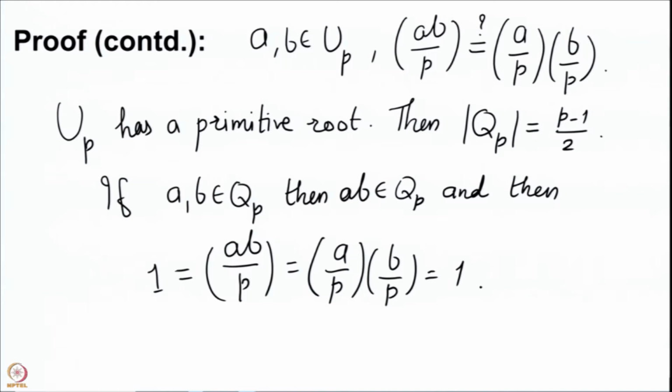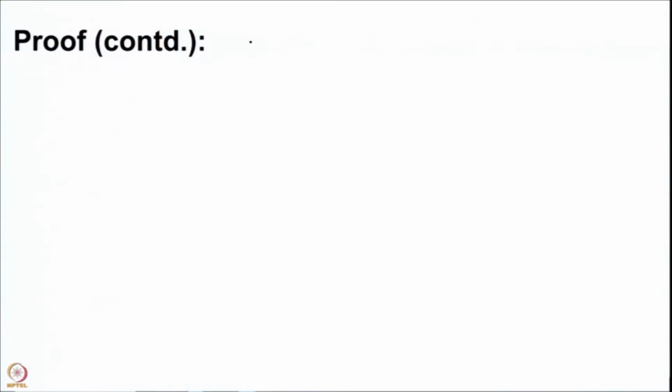Because all these Legendre symbols are 1. Now, we have to deal with the case where one of the two is in QP and the other is not in QP, and then finally we will have to deal with the case where none of those two is in QP. So, those are the only two conditions that we need to verify our proof in.